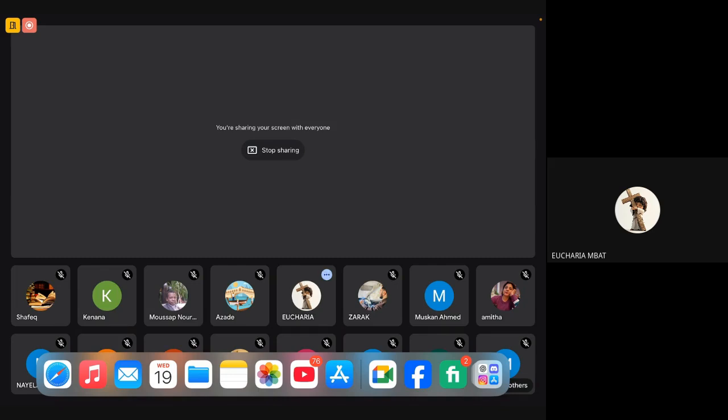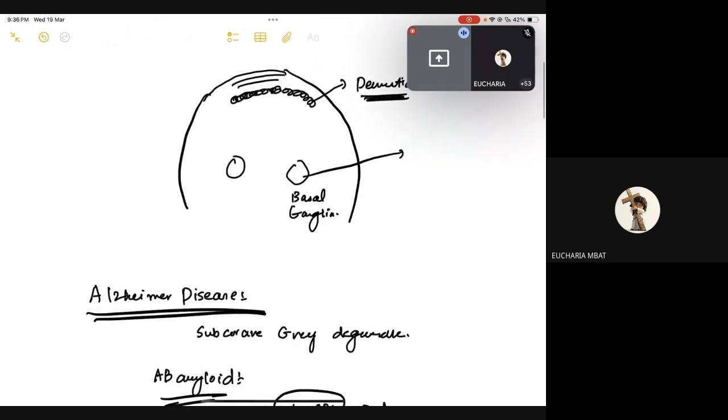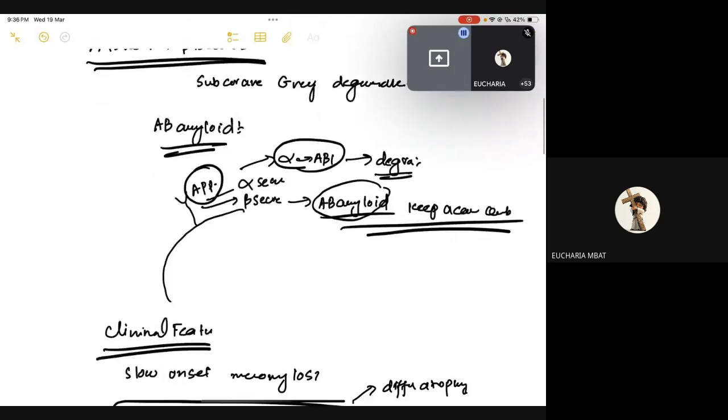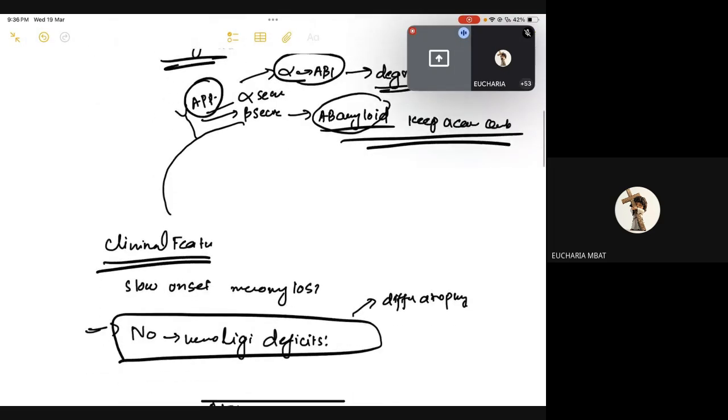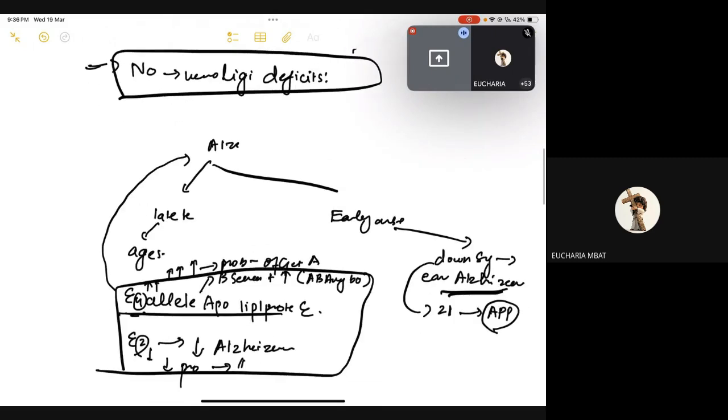Okay, perfect. So let me give you a quick overview. We discussed Alzheimer's disease, APP, alpha secretase, normal degradation, beta secretase, A beta amyloid build up, and it would cause destruction. We discussed epsilon 4 and epsilon 2 association.